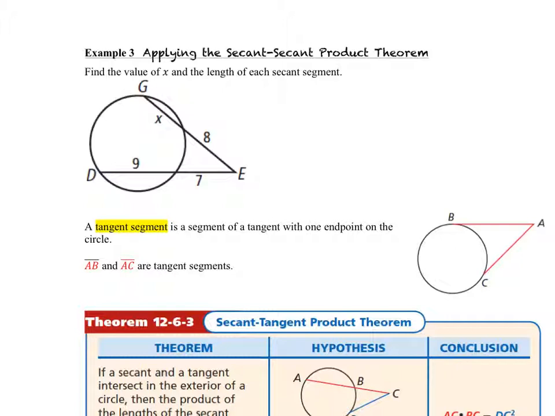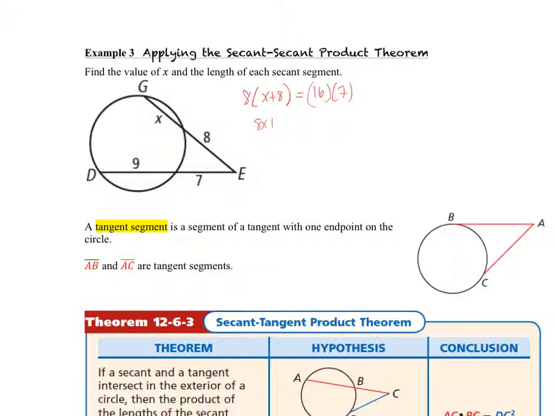So here we have a secant-secant, so I'm going to use secant-secant product theorem, which is the whole segment, x plus 8, times the exterior piece, 8, I'll put that there for distributing reasons, is equal to the whole segment, 9 plus 7, which is 16, times the exterior piece, which is 7. And you can distribute, or you can just divide by 8 right away. It's up to you.